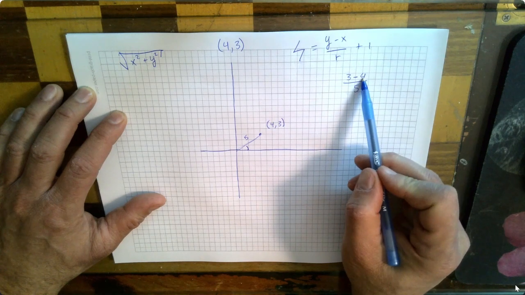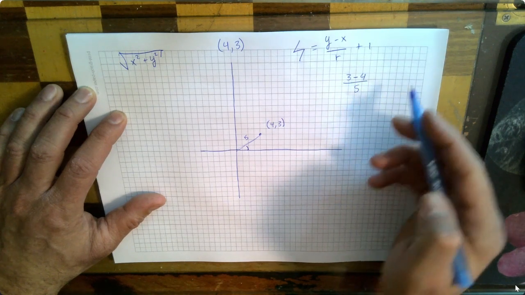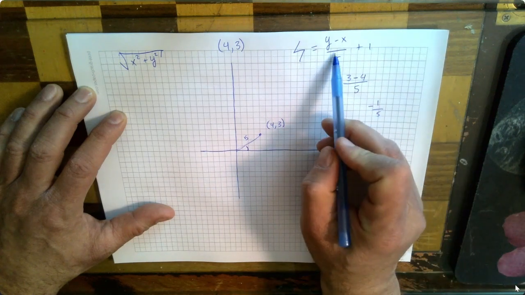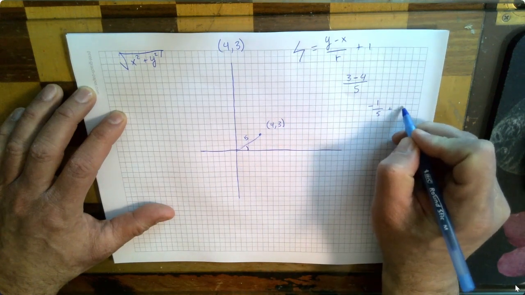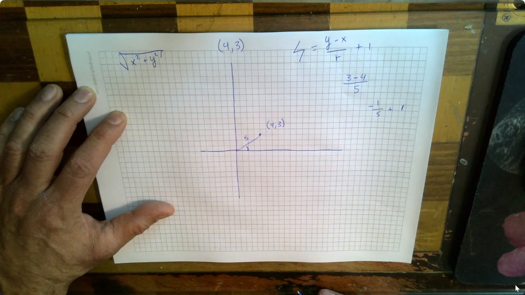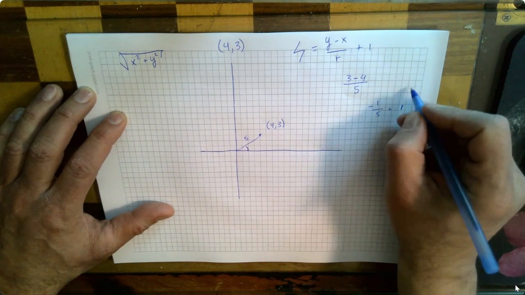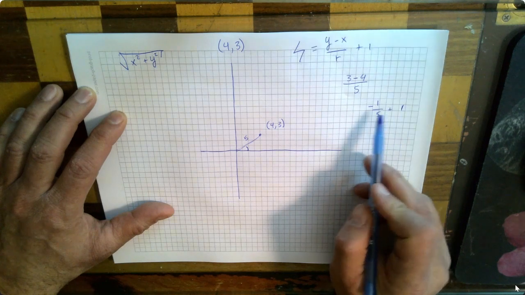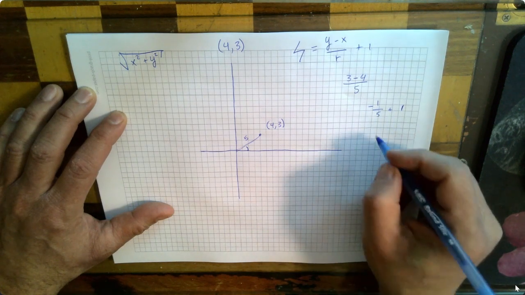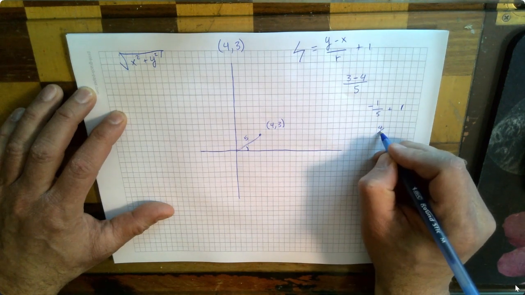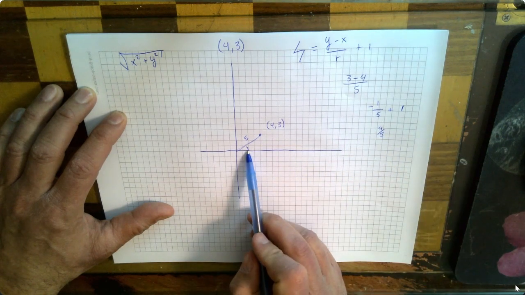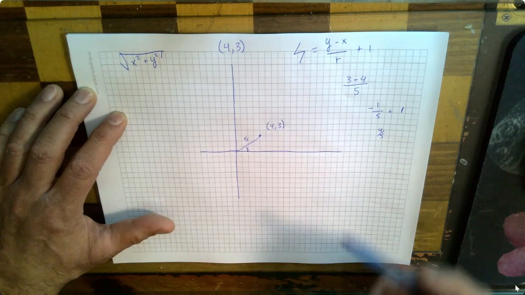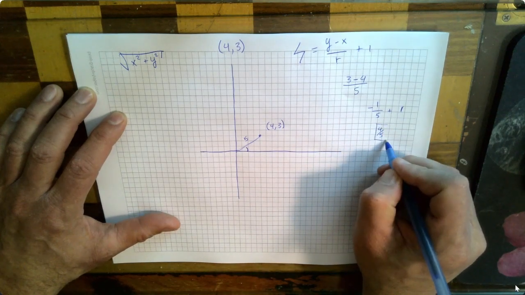So 3 minus 4 is -1, so we have -1/5 for this fraction, plus 1. Now I will rewrite 1 as 5/5. So 5/5 minus 1/5 equals a positive 4/5. And so this angle, in quaterns, would be 4/5.